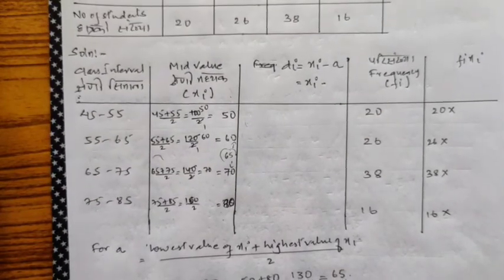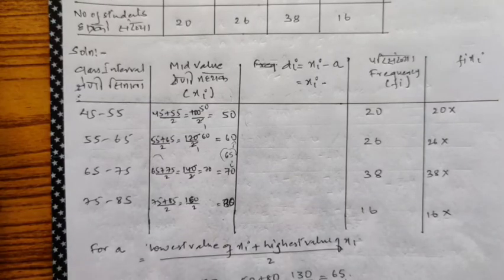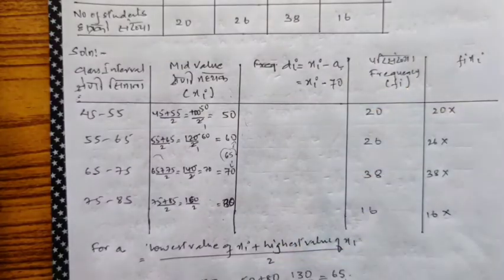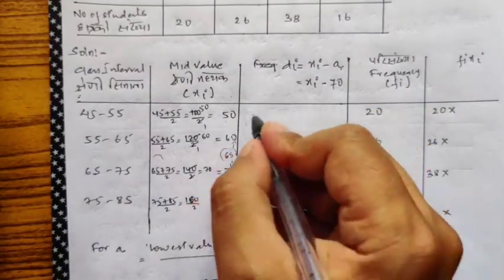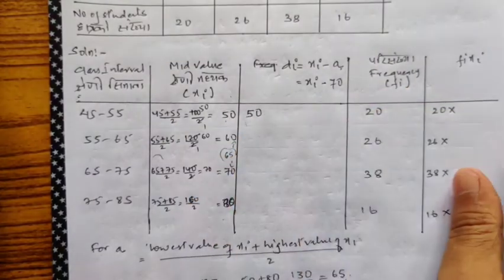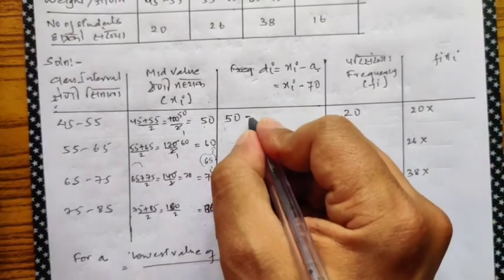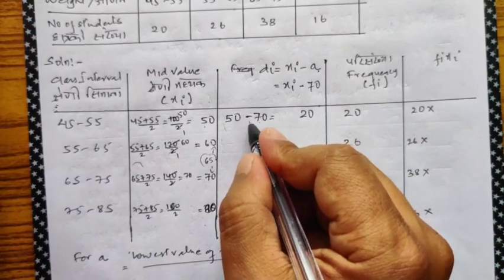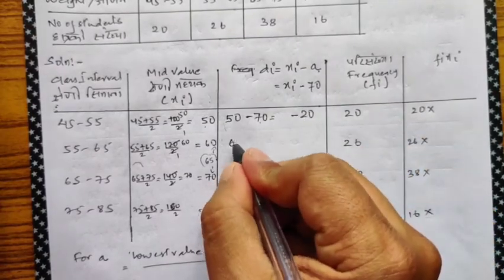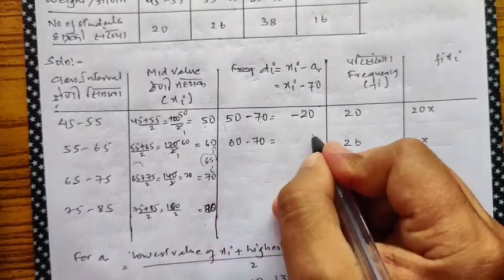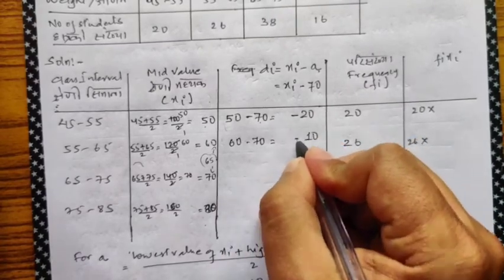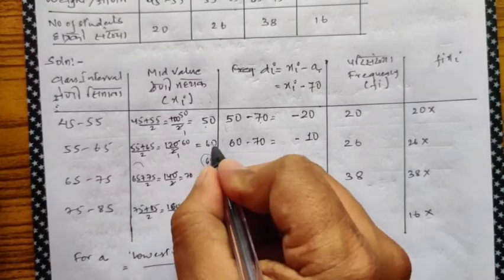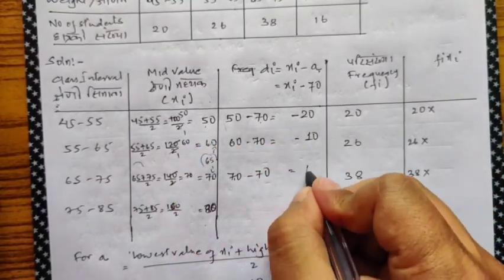So di is xi minus a. I've told you, you need 5 tables. So xi minus a. What is your a? 70. So let's fill this table. What is your xi here? 50. 50 minus 70 is 20, but 70 is the larger number so it has a minus sign. 60 minus 70 is 10, larger number, minus sign. 70 minus 70, 0.